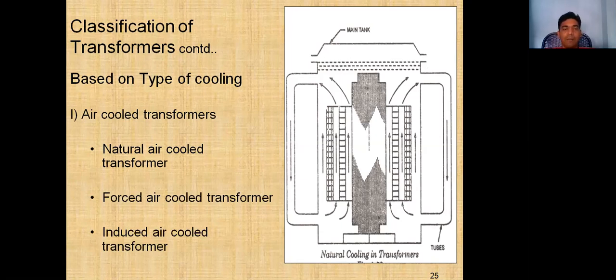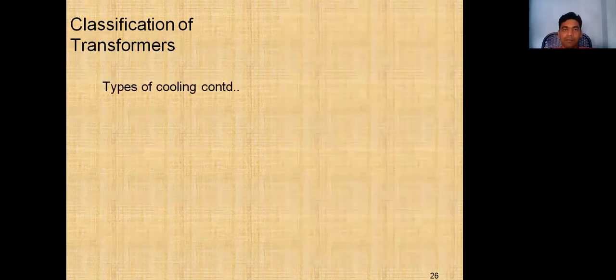If air circulates naturally, then it is called a natural cooled transformer. If forced draft is provided, then it is called a forced air-cooled transformer. If induced draft is provided, then it is called an induced air-cooled transformer.